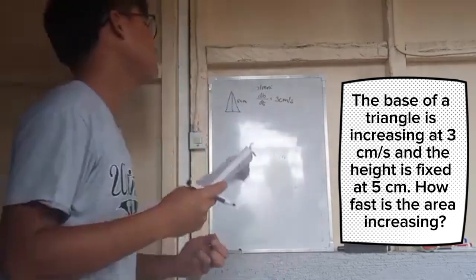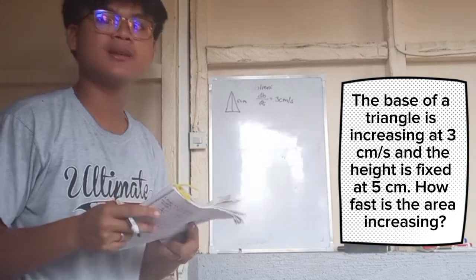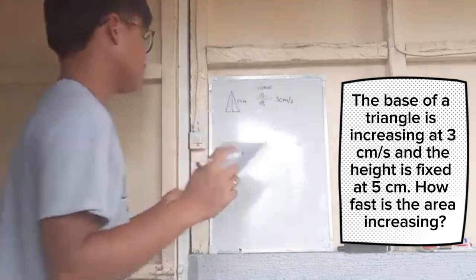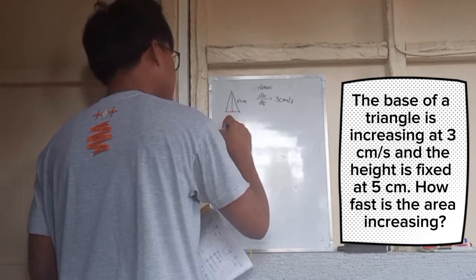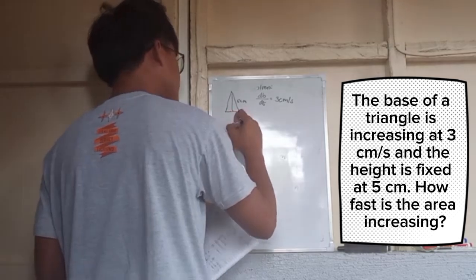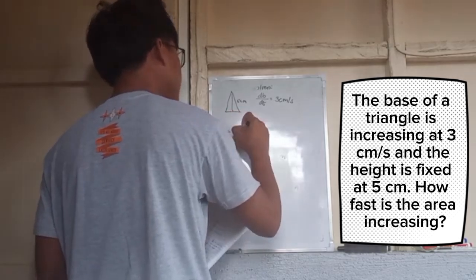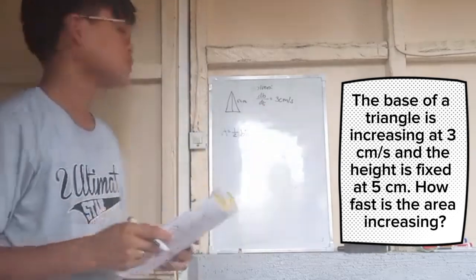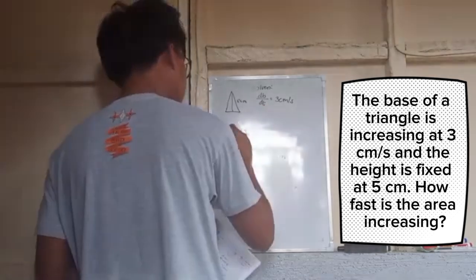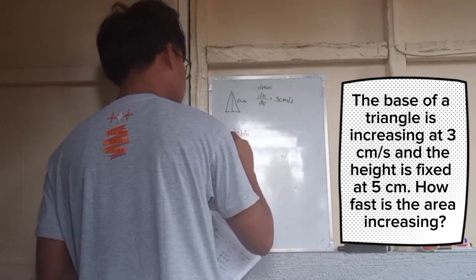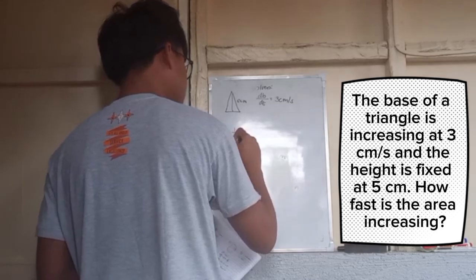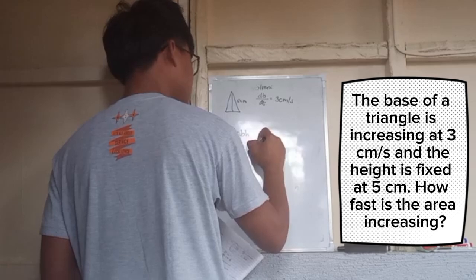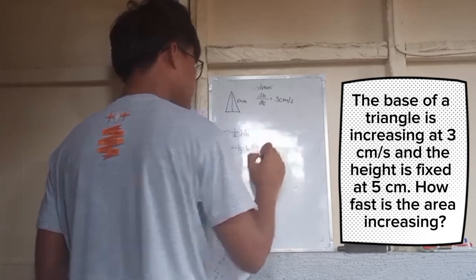So now that we have the given values stated in the problem, we can proceed to the formula. So in getting the area of the triangle, we know that the formula is equal to 1/2 times BH. So differentiating the formula, we will have dA over dt is equal to 1/2 H dB over dt.